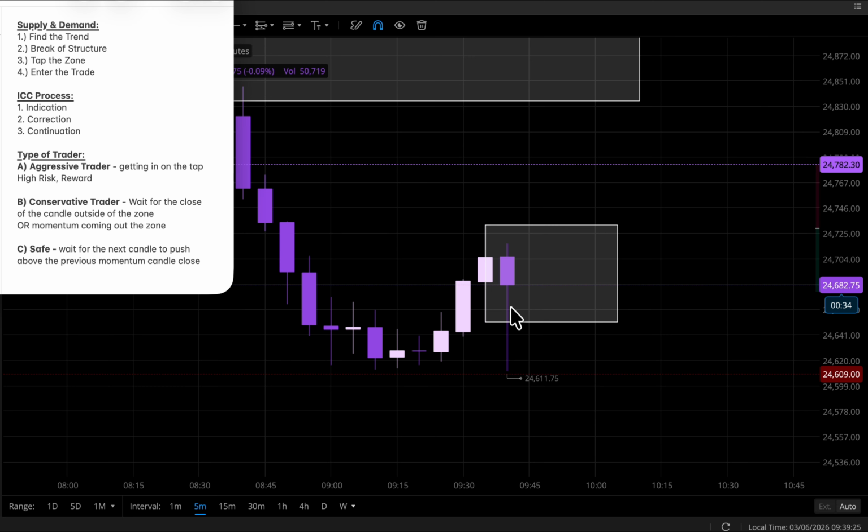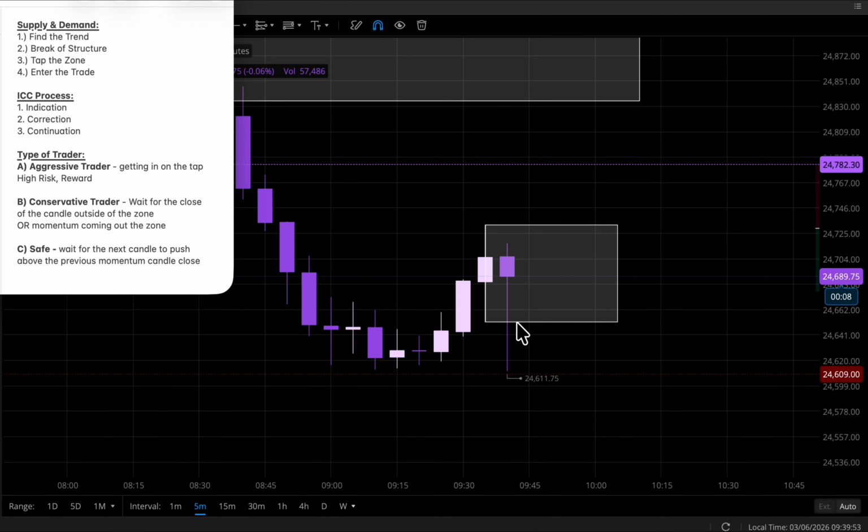Once this candle closed, we wait for the tap of the zone. If this candle closed inside, I'm not too happy about that. I would like to see a candle close outside the zone. And then that will mean, hold on, because what is this candle doing? Let's see who wins this candle.